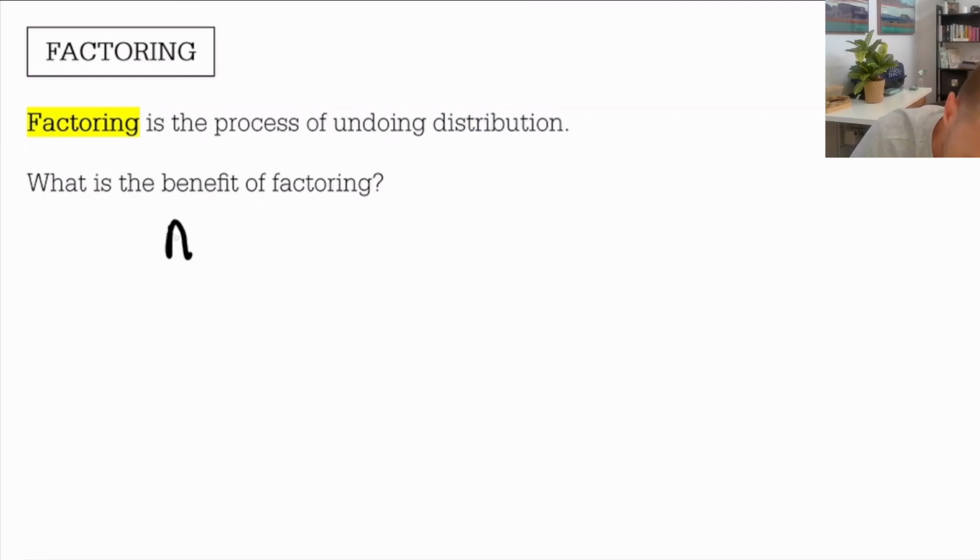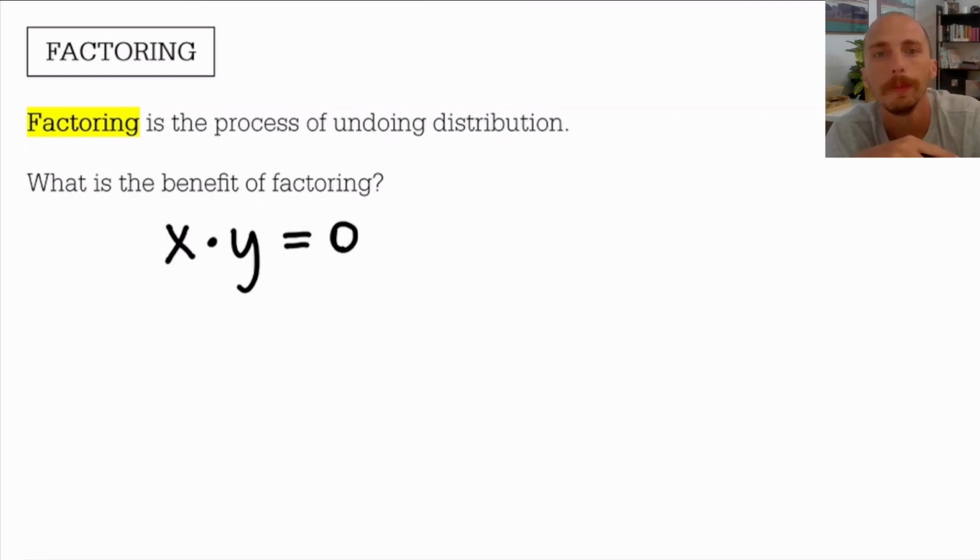So if we have two numbers, and maybe I'll call them x times y, if we've got x times y equals 0, we know that either x is 0 or y is equal to 0, right? Because we can't take two non-zero numbers and multiply them and get 0 back. It's just not going to be possible.